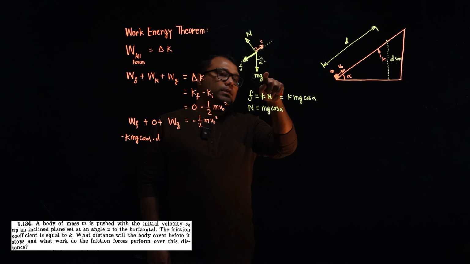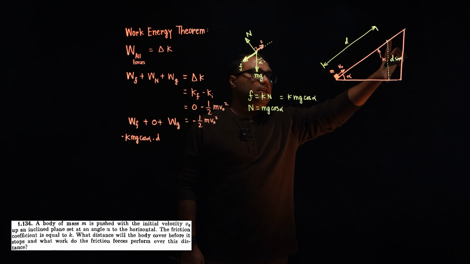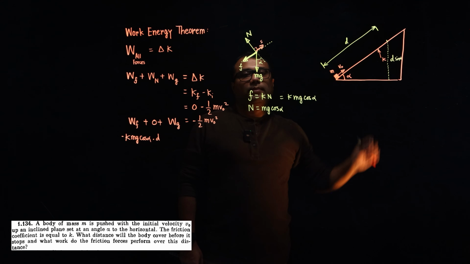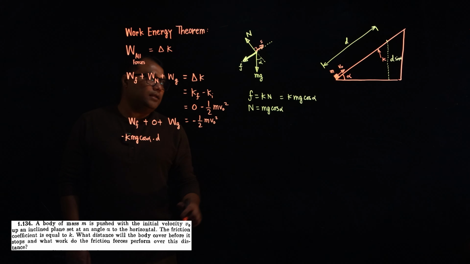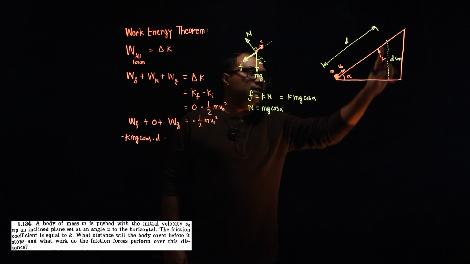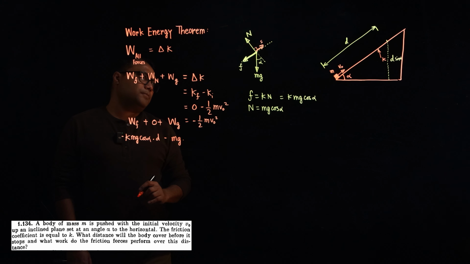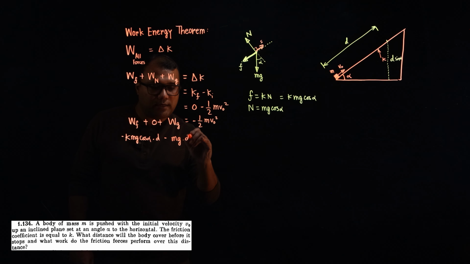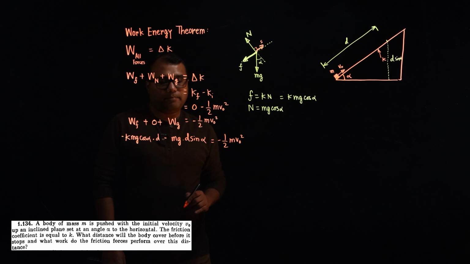Work done by gravity is the same as the potential energy that is gained in climbing this distance d sine alpha. Again this is negative because mg is acting downwards, d sine alpha is upwards. So minus mg times d sine alpha is equal to minus half m v0 square.